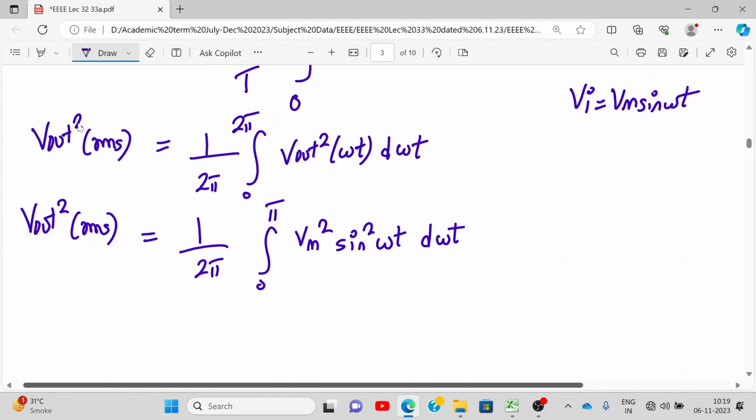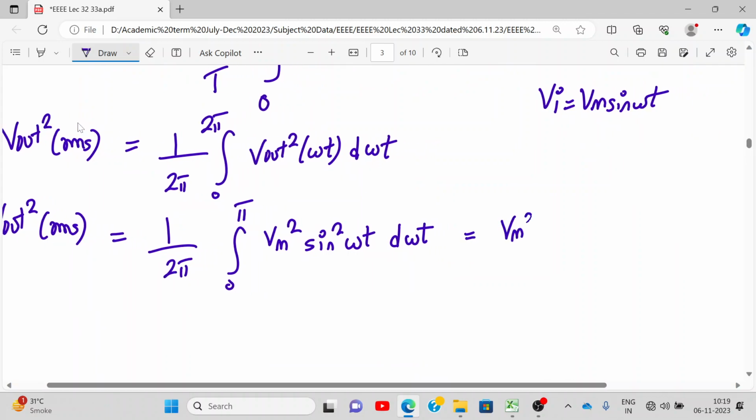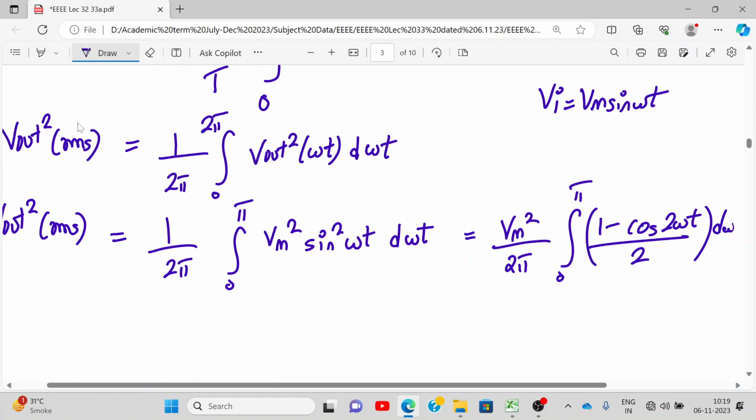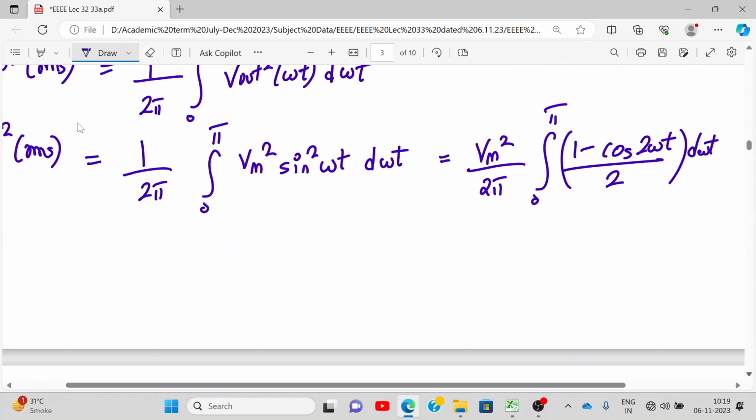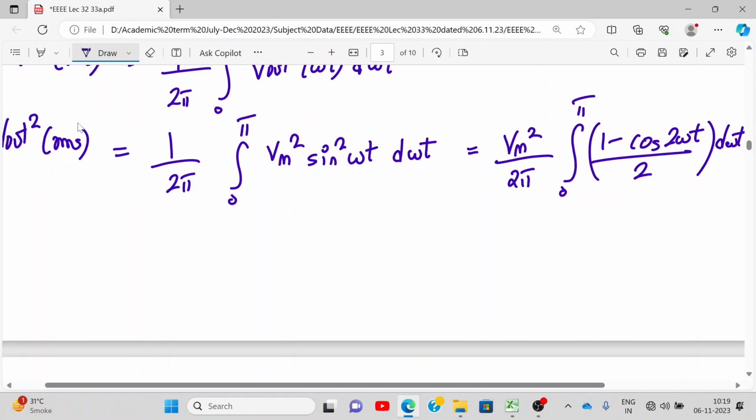How do we solve this further? We take Vm square upon 2 pi common. And what is sine square? We can write it as 1 minus cos 2 omega t divided by 2, into d omega t. Now we'll open a bracket. This will be Vm square upon 2 pi.